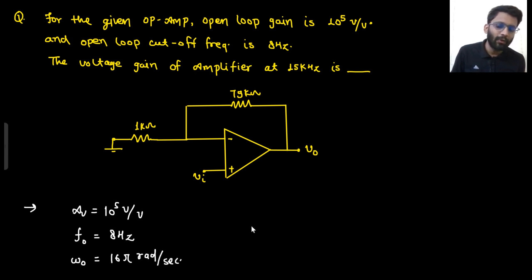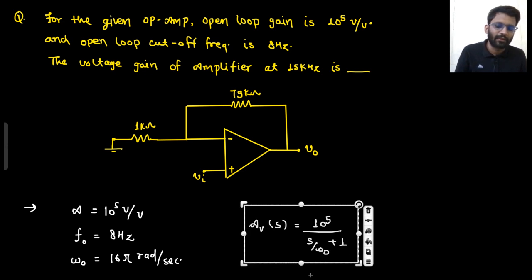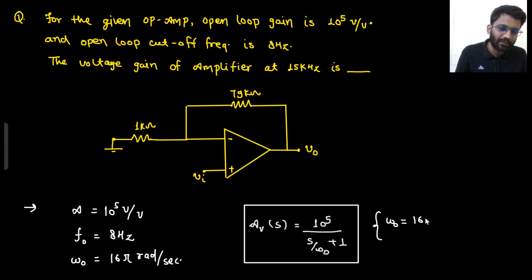So how will my open loop response look like? Open loop response will be, you have a DC gain of 10 to the power 5, but a cutoff frequency of omega naught. I'm not putting the value of omega, I'm just putting S by omega naught plus 1. This is how my open loop response will look like, where omega naught equals 16 pi radian per sec.